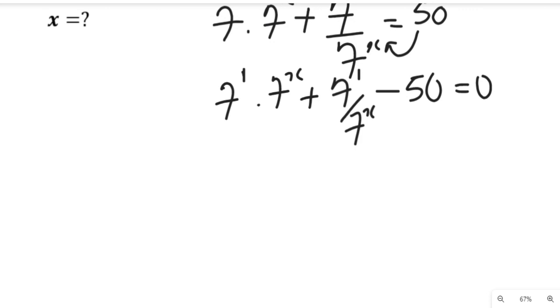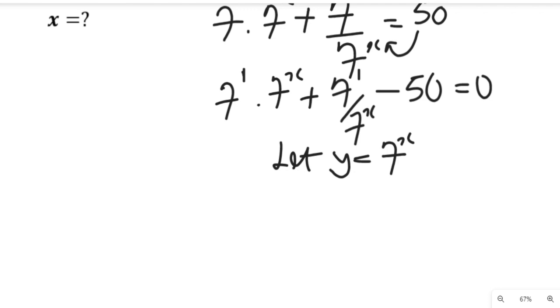Now, to simplify further, let's take 7 to the power of x to be equal to y, or we'll let y be equal to 7 to the power of x.